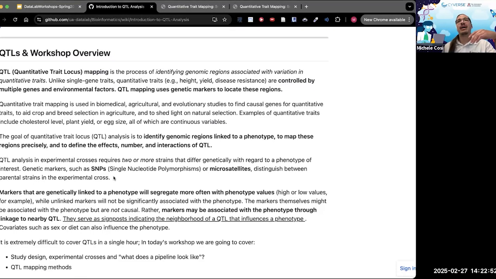And QTL mapping, the process of QTL mapping, is to identify these genomic regions which contain these loci of interest.